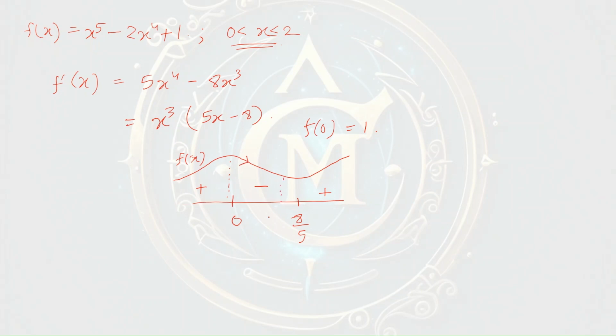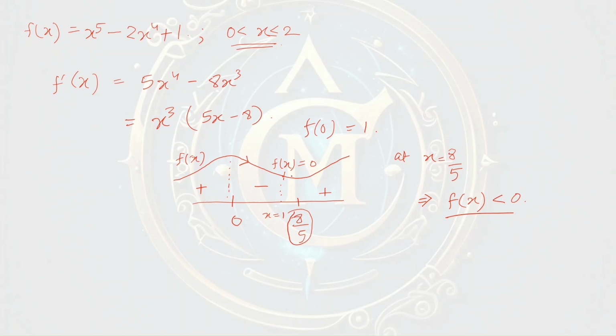Now at x equal to 1, there is a point where f of x equal to 0. So we can directly say that at x equal to 8 by 5, f of x is less than 0, because at x equal to 1, f of x equal to 0, and after x equal to 1 and till x equal to 8 by 5, the function is monotonously decreasing. So at x equal to 8 by 5, the functional value is negative, and after 8 by 5, it is monotonously increasing.